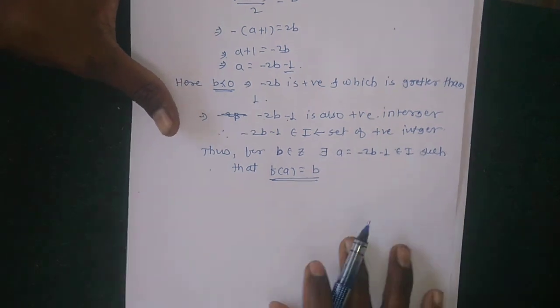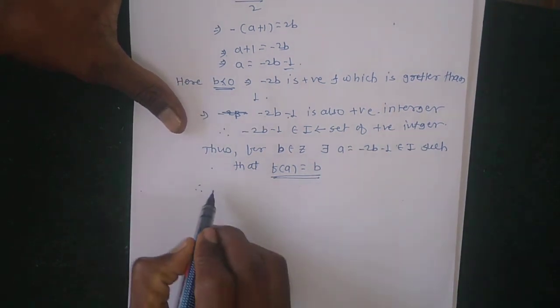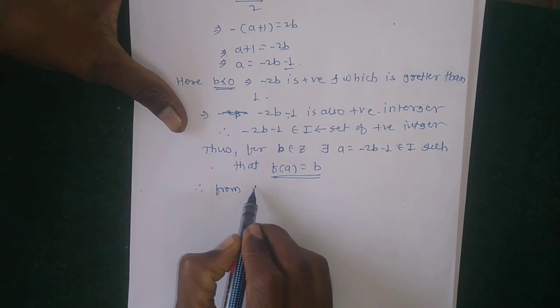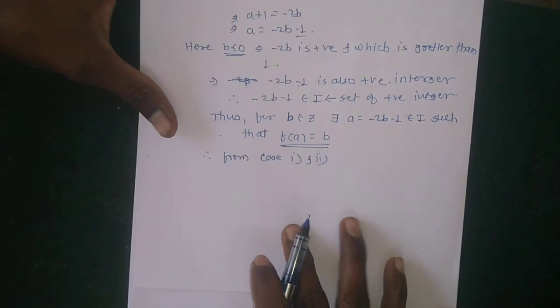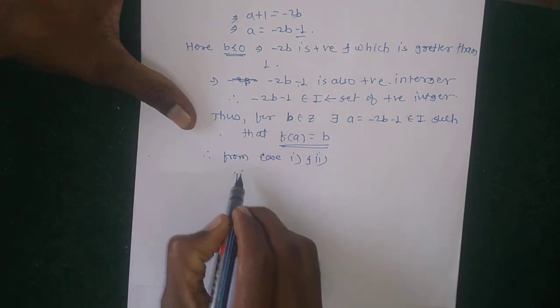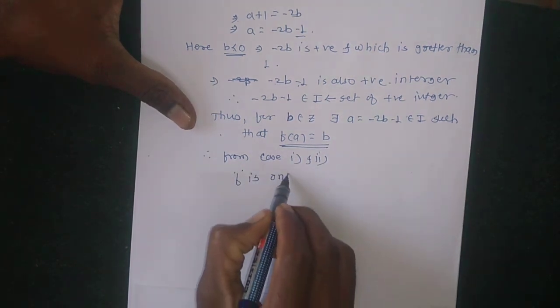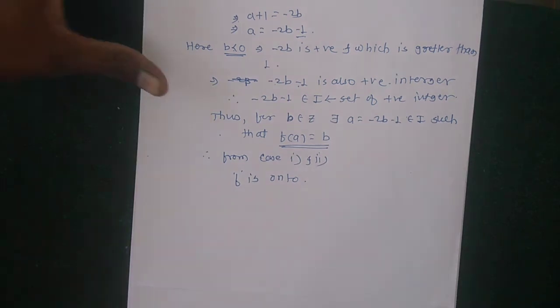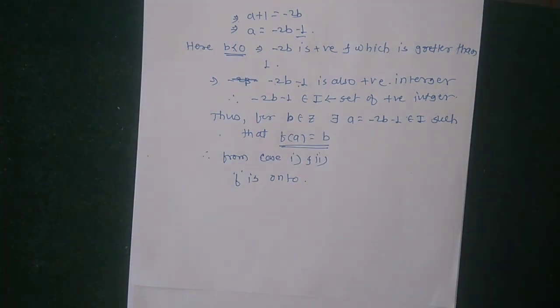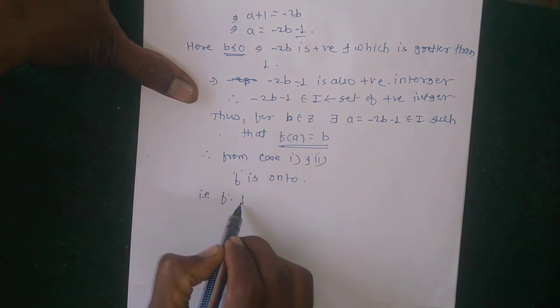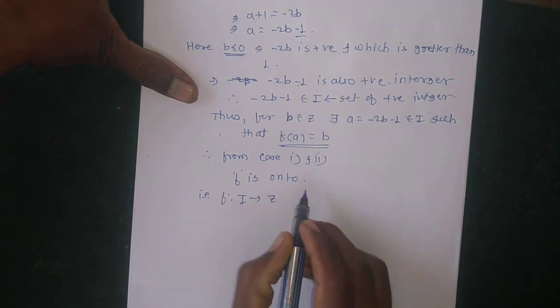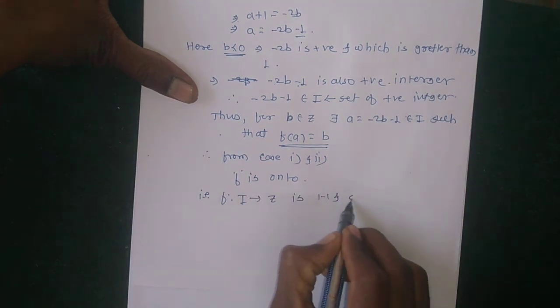And this a also belongs to I because it is a positive integer. Therefore from both cases, first and second, f is onto. Therefore the given function f is one-to-one and onto, that is f from I to the set of integers Z is one-to-one and onto.